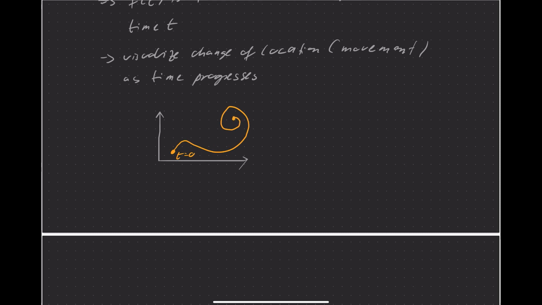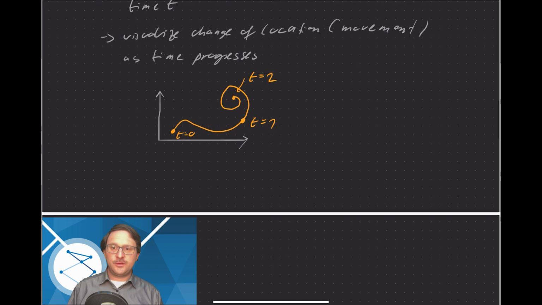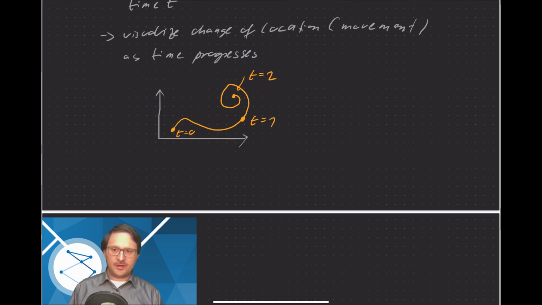Let's say this here is time 2, and somewhere in between there's time 1. What you see is the movement of the particle in the plane, but you cannot exactly see which point corresponds to which time. So that information is somehow lost. Of course, you can mark certain time points along that line, but you have to explicitly do that to get that information. It's not immediately clear from the resulting graph.